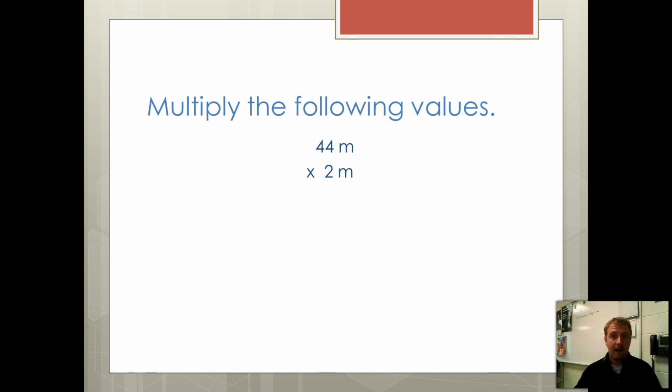Now, believe it or not, it does change the answer. Because the 44 is being multiplied by something that's 2.0, which has 2 significant figures, your answer can have 2 significant figures, and therefore 88 meters squared would be the appropriate answer. So it does matter. 2 and 2.0 are very, very different numbers, and you have to be aware of that when you're working in physics.